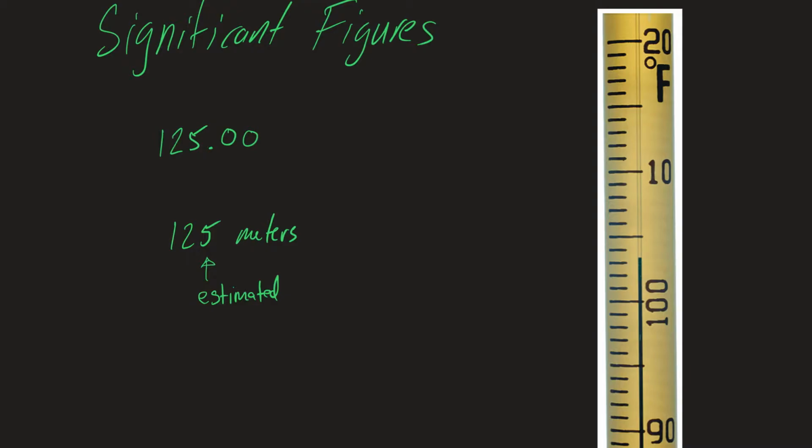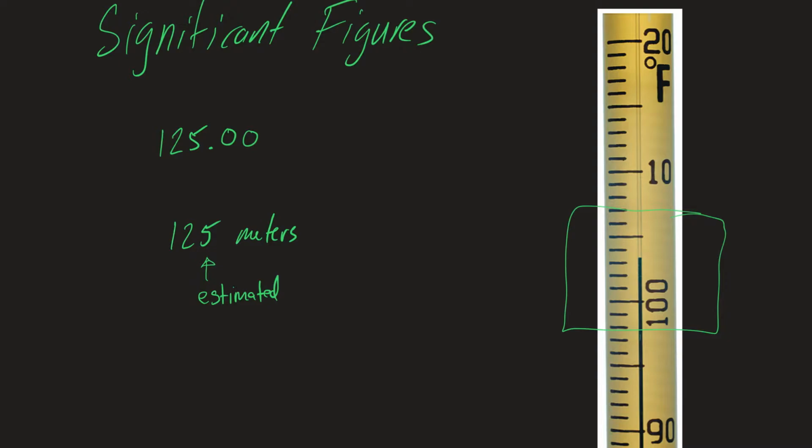So if we look at the thermometer here to the right, and we look at the measurement here, every big line looks like 5 degrees, so we've got 100 degrees, 105 degrees, 110 degrees Fahrenheit, and then each line is 1 degree. So we know by looking at this that this is between 103 and 104 degrees Fahrenheit.